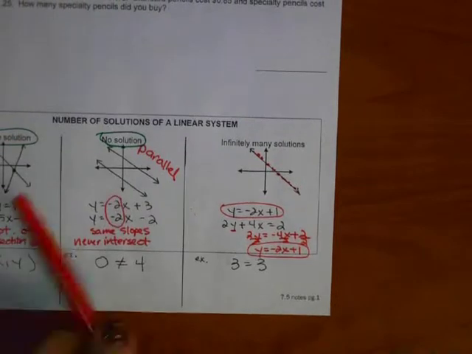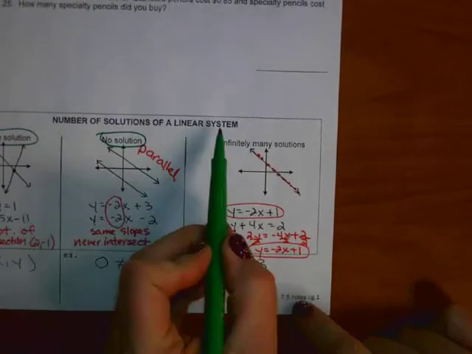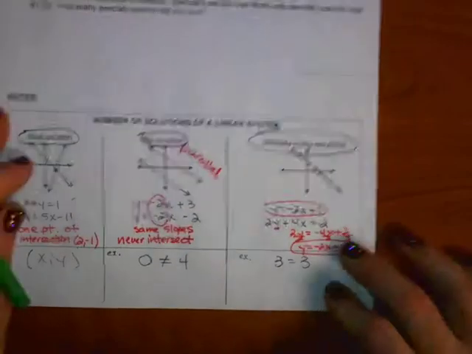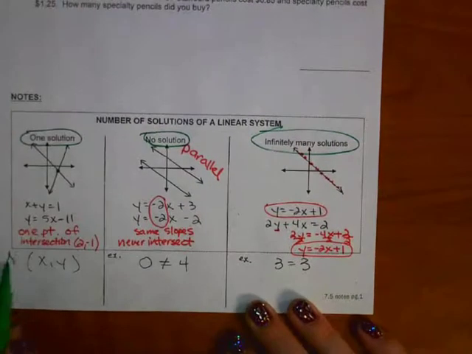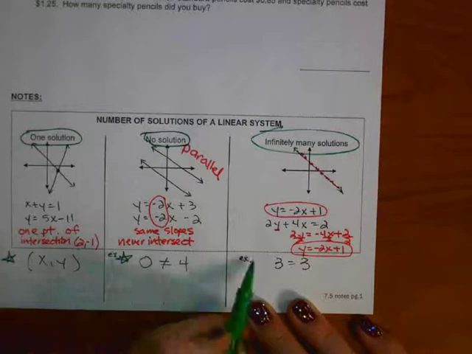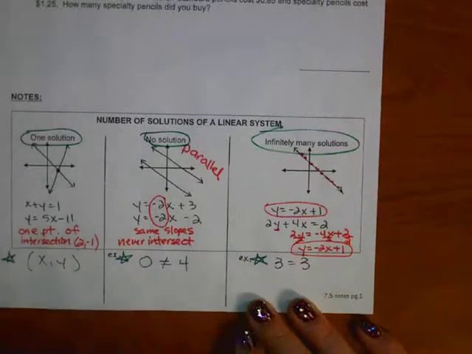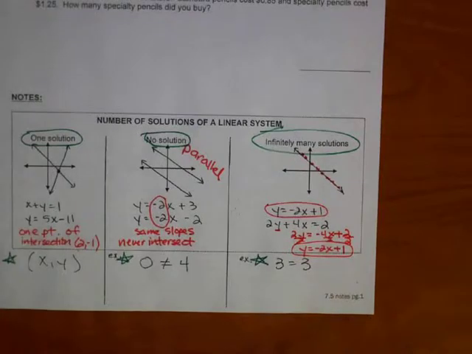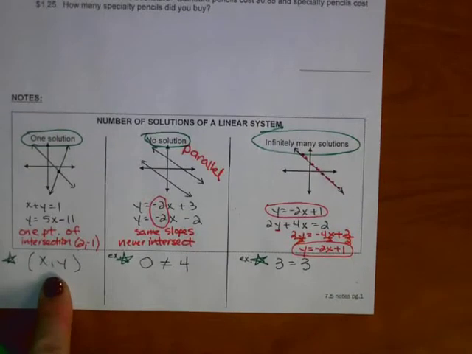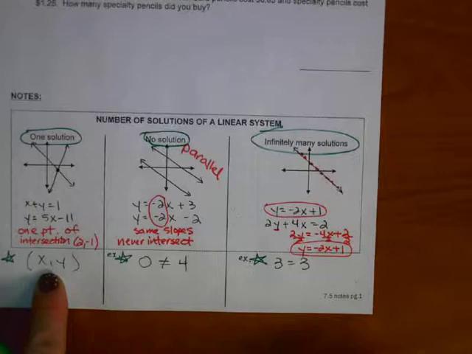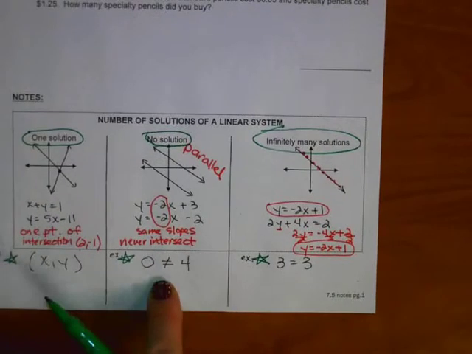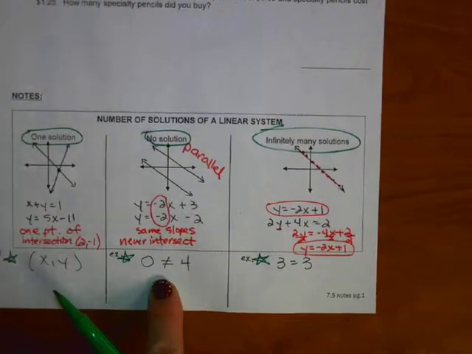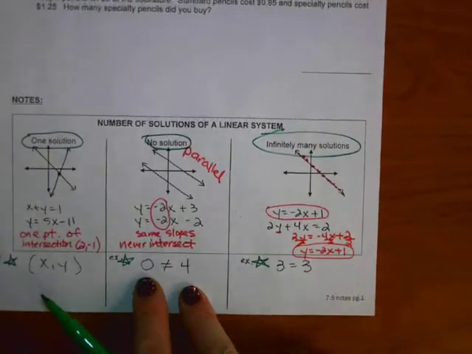Okay, so these are the 3 situations you're going to encounter. Now, I put these here because this is what it's going to look like when you don't have a graph and you solve a system. You might get an ordered pair. If you get an ordered pair, that's one solution. Wait a minute. You might solve and you might get something like this, 0 equals 4.